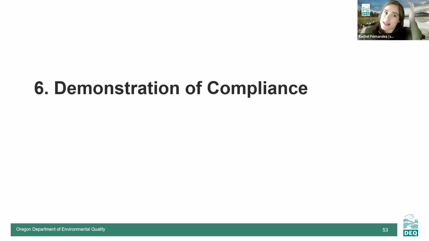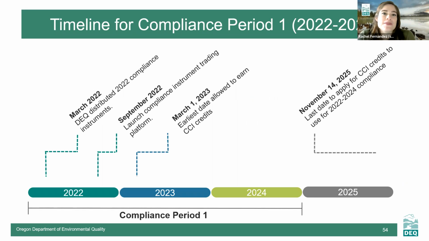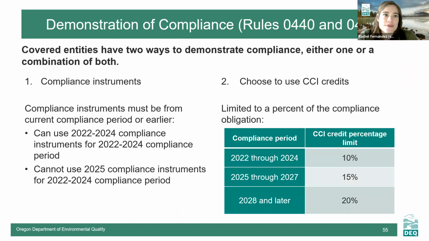And lastly, we have demonstration of compliance. The deadline to demonstrate compliance is November 28, 2025, and that is demonstrating the compliance of years 2022, 23, and 24. There are two ways to demonstrate compliance.